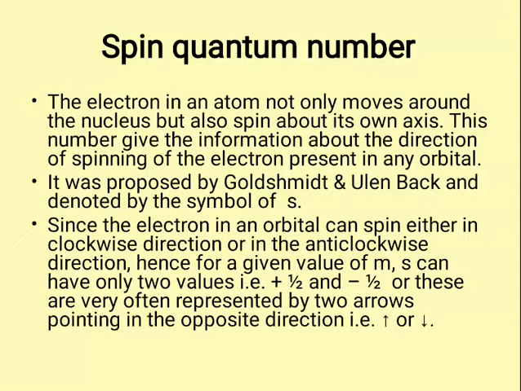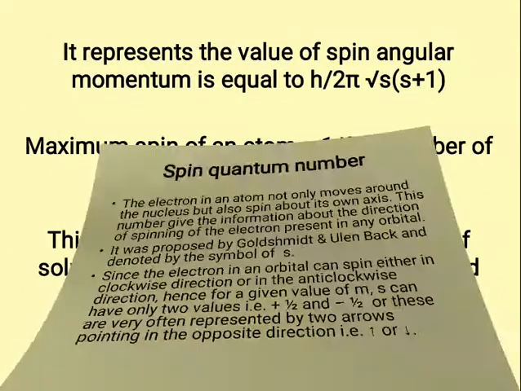Since an electron can either spin clockwise or anti-clockwise, for a given value of m, s can have only two values, either plus half or minus half. This can also be represented in the form of arrows, either an arrow in the upward direction or in the downward direction.